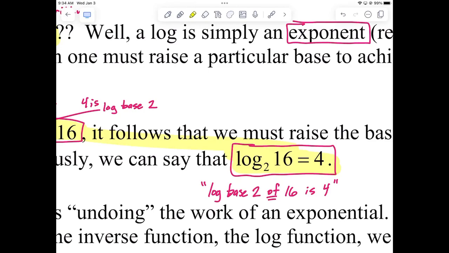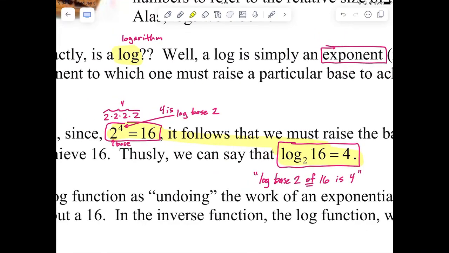The sentence structure is just switched, but the meaning is still preserved. That's kind of what we have going on here. We have 2 mathematical sentences with the verb is, that's the equal sign, and they mean the exact same thing. So if 2 to the 4th equals 16, it's because log base 2 of 16 is 4. Or if log base 2 of 16 is 4, it's because 2 to the 4th is 16.